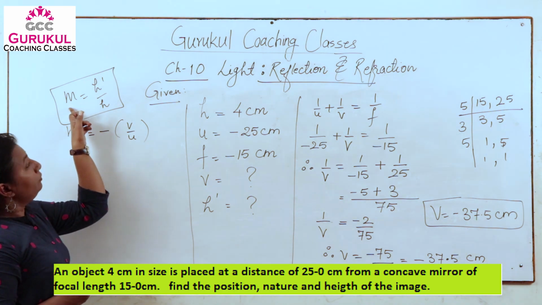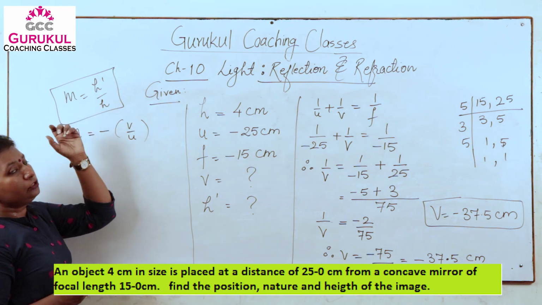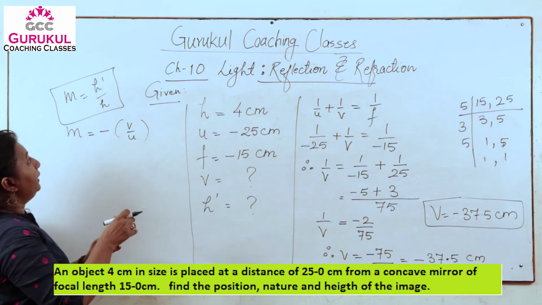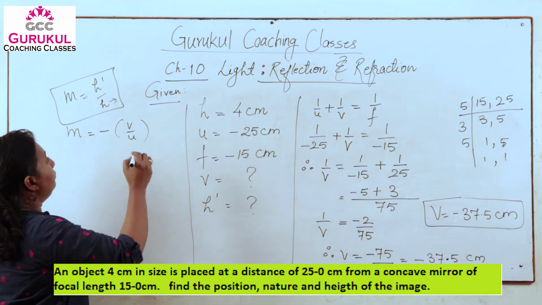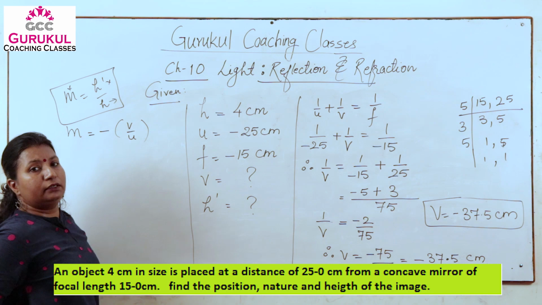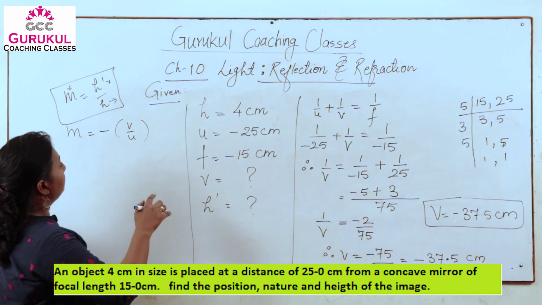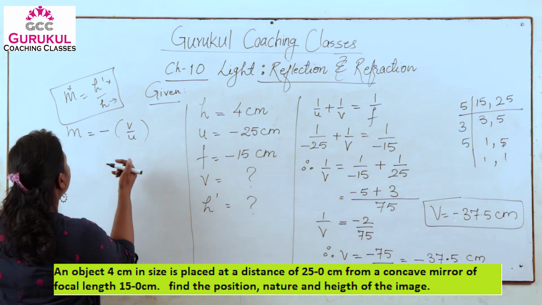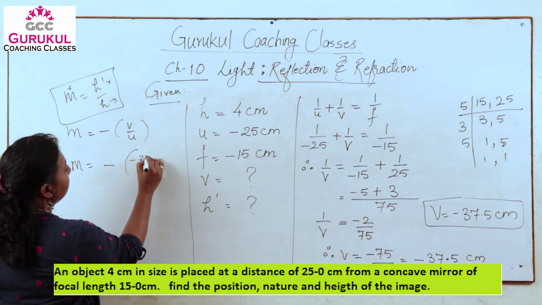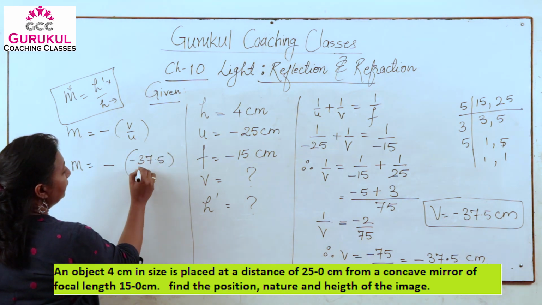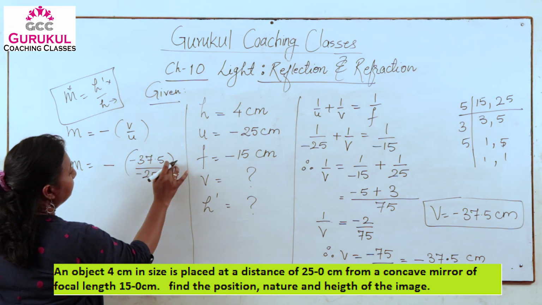Before finding the height of the image, we must know two terms. In this formula, we know only the height of the object, so we can't use it directly. First we will find the magnification by using this formula. So m is equal to minus v, which is minus 37.5, and u is given as minus 25.